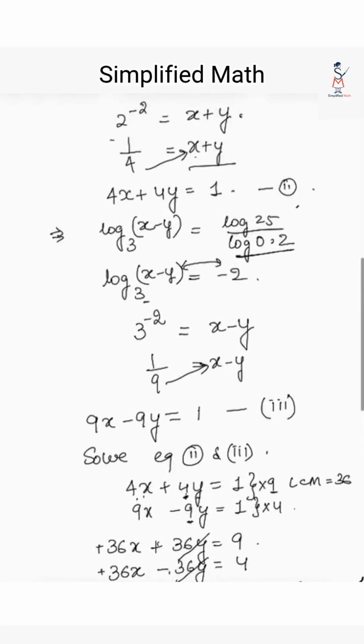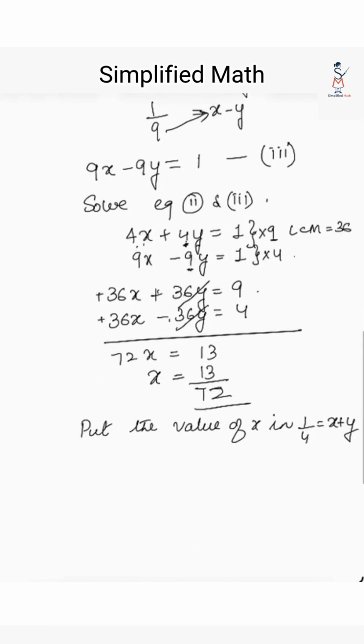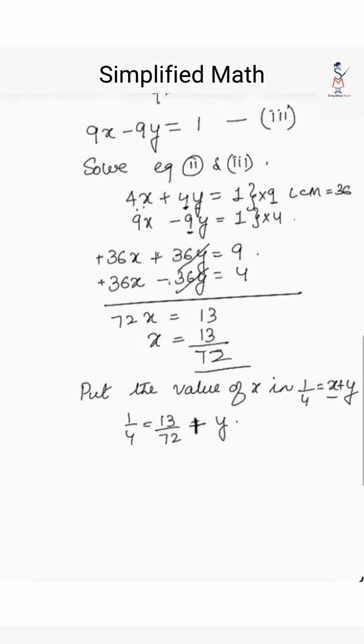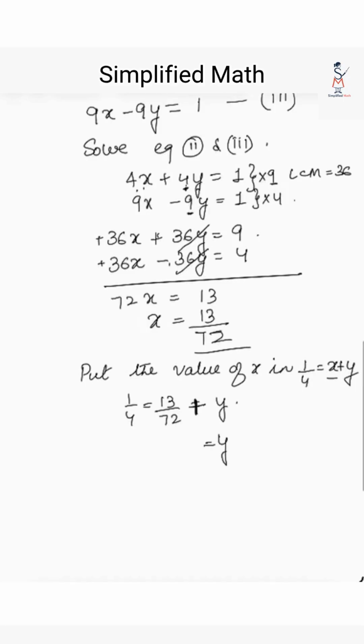This was the equation over here, right? I'll put it there and I will see. In place of x I will write 13 by 72 plus y. So 1 by 4 is equal to 13 by 72 plus y. So now what is y? Y is 1 by 4 minus 13 by 72.